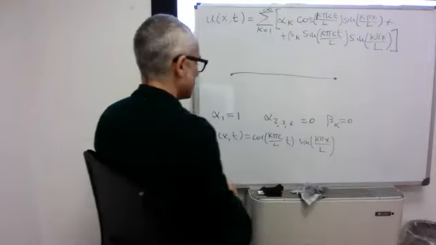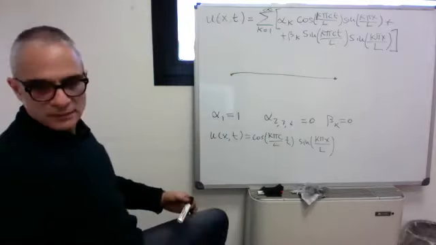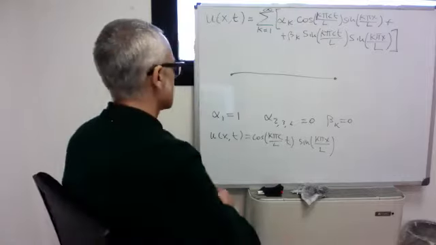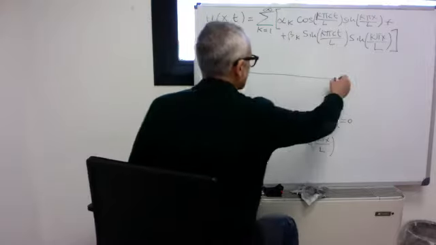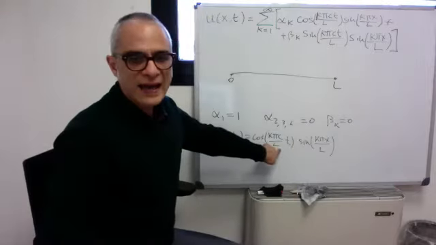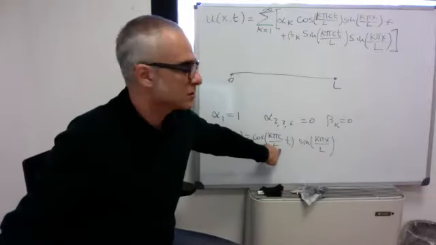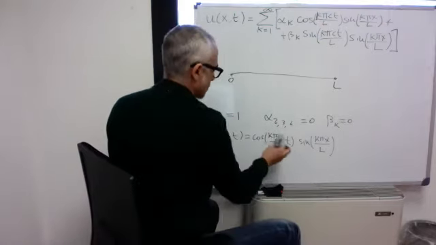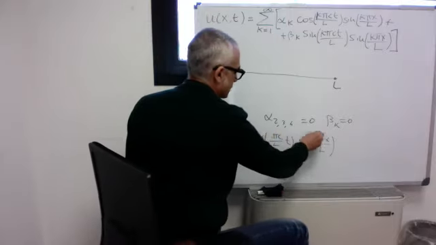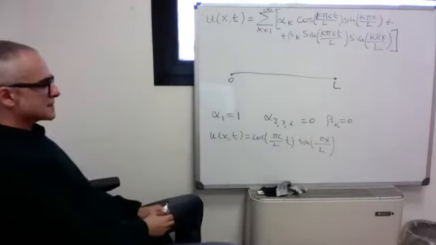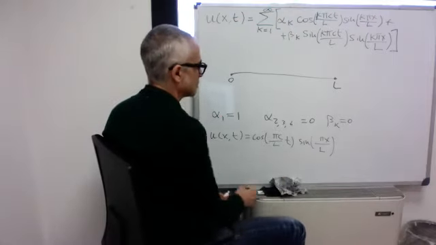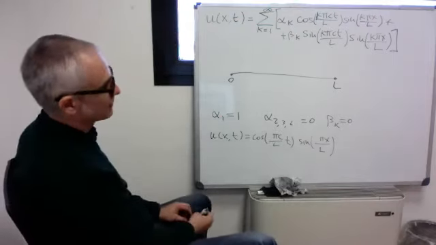At the time t equals 0, that's easy, because the first factor here is 1, cosine of 0 is 1. So all we have to do is to write, and sorry, here k is equal to 1, right, the sine of pi x over L from 0 to L.